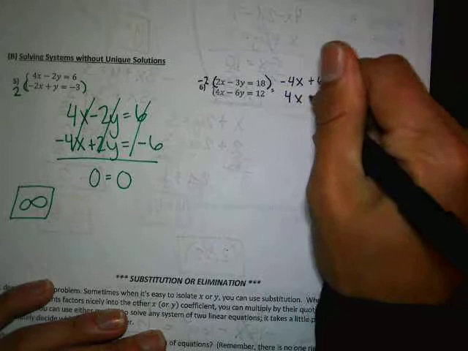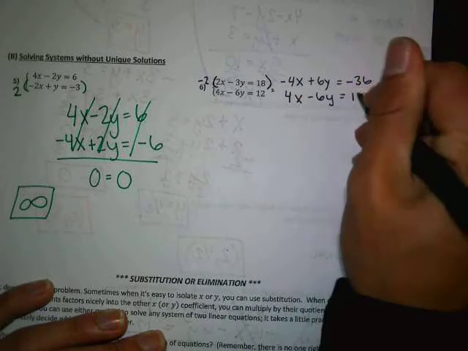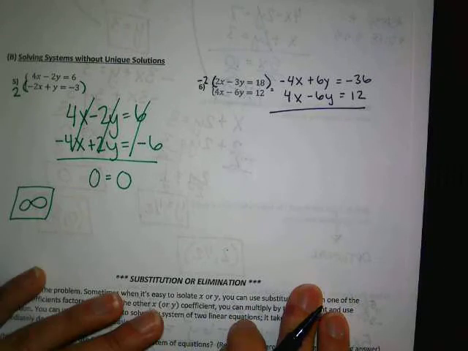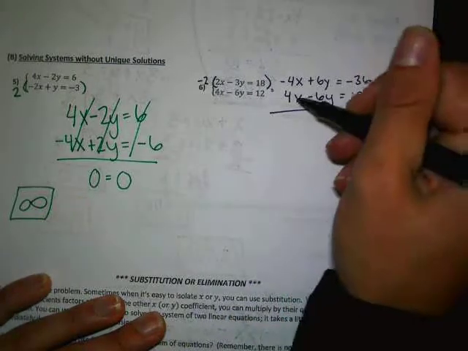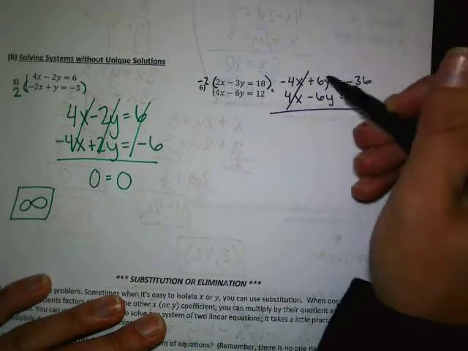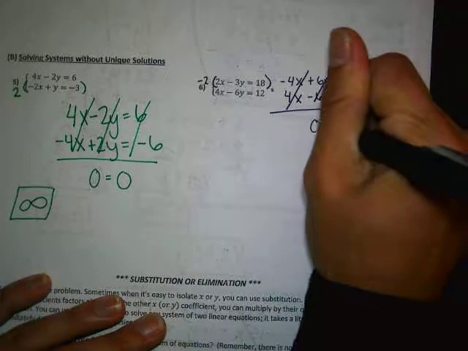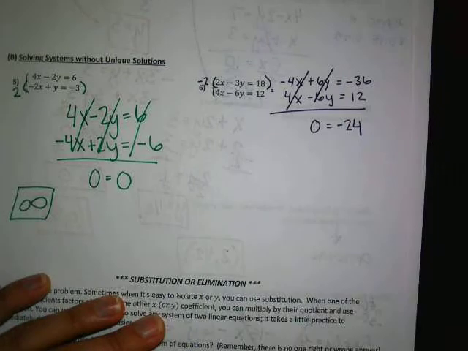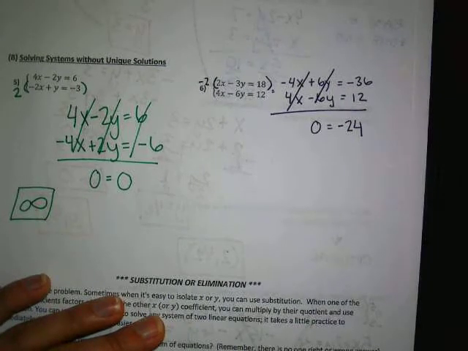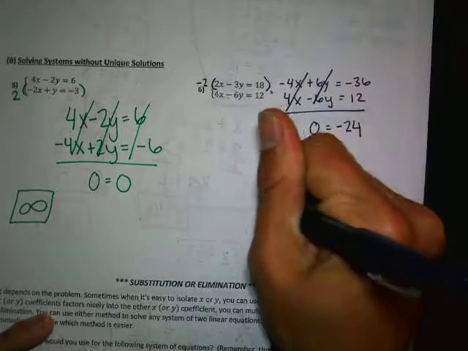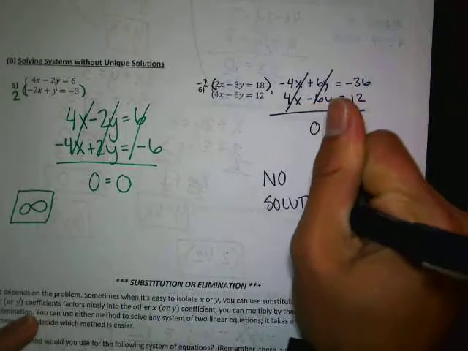We don't need to do anything to it to get your x's to eliminate. All right, so the x's eliminate and the y's eliminate, right? So I have 0 on this side equals negative 24. Does 0 equal negative 24? No, it makes no sense. So this one is a no solution.